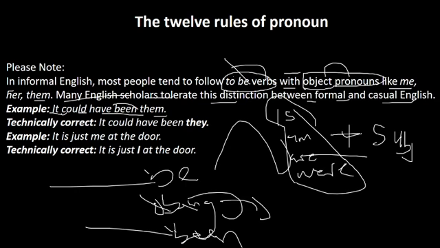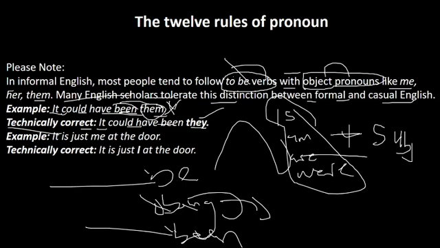We are going to start the verb discussion by next week. Technically correct: it could have been they. You don't understand what I mean? This one is wrong, but the one that is technically correct is this. Why is this one wrong? This is a be verb. They now use what?